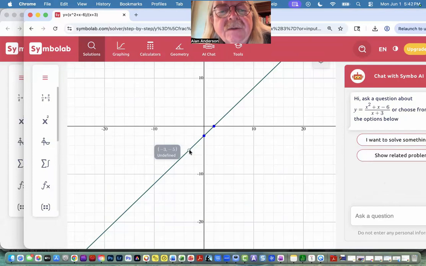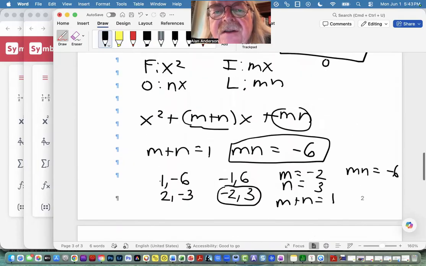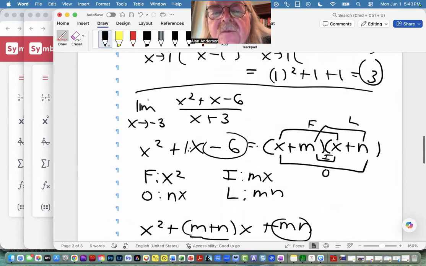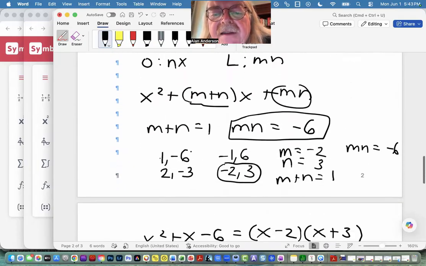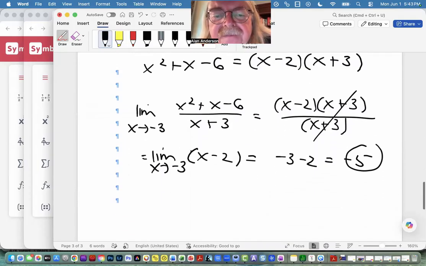Right there. You can see when you hover over these points in Symbolab, it shows you what they're equal to. -3, -5. That's exactly what we were looking for. And we are in effect using the same technique because we've reduced this ratio into a very simple linear function, which does not have any discontinuities.